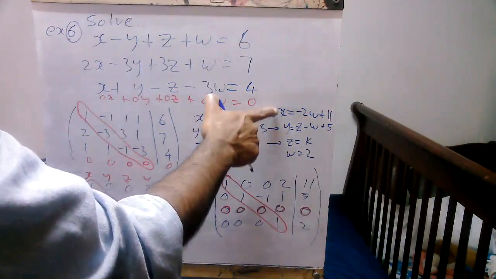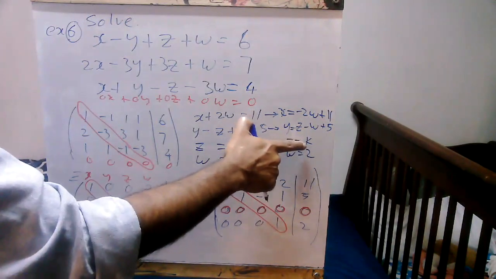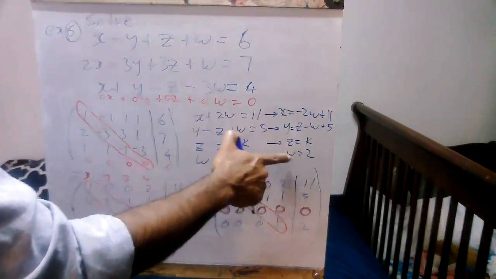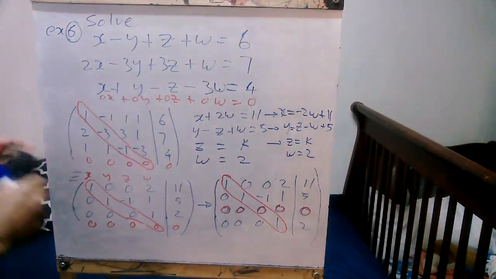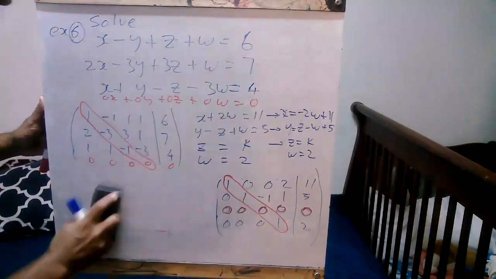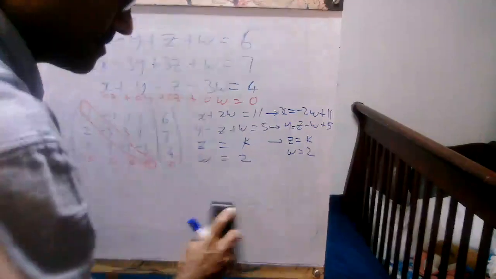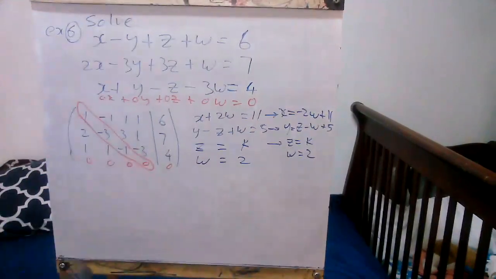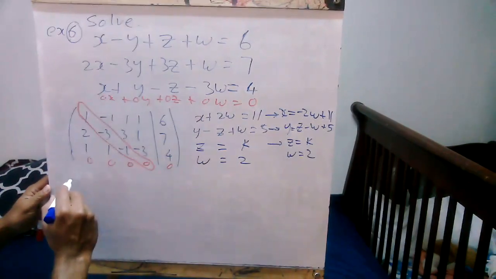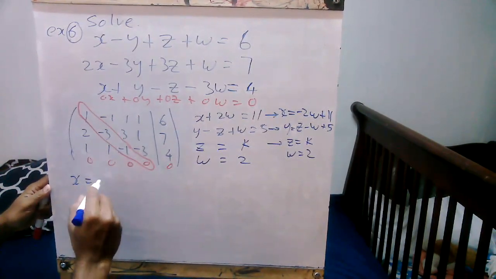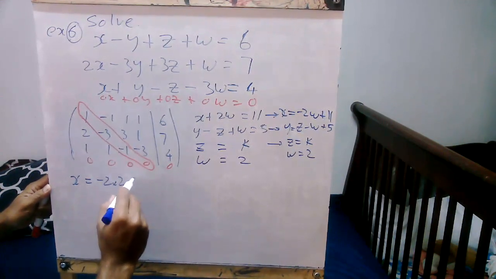Now we can write x and y by substituting z equals k and w equals 2. Right? I'm gonna write it here. X equal to negative 2 times 2 plus 11.